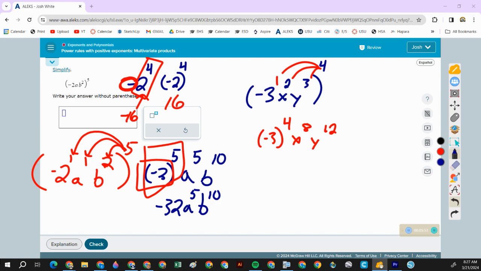And then negative 3 times negative 3 is 9, times negative 3 is negative 27, times negative 3 is 81. So 81 x to the 8th, y to the 12th. So if this power is even, the negative is going to go away. But if this power is odd, then the negative hangs around.